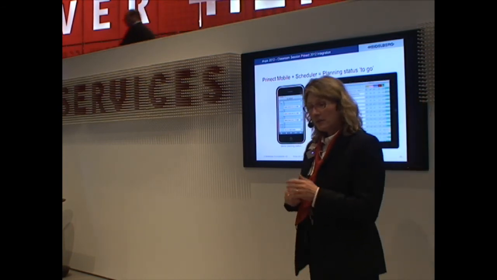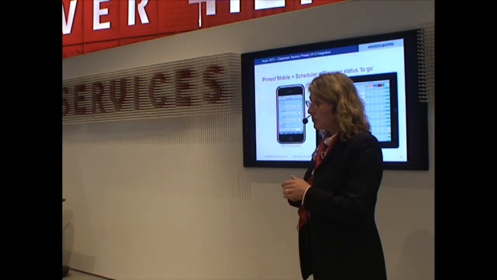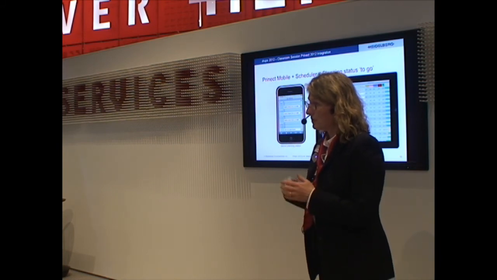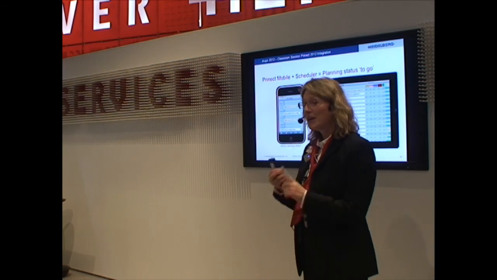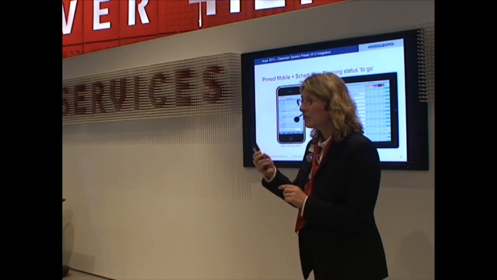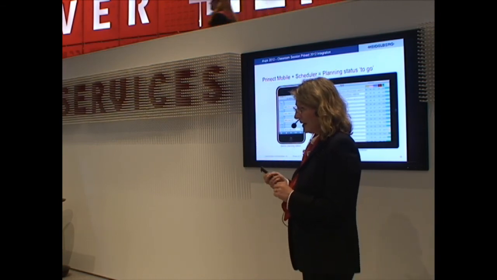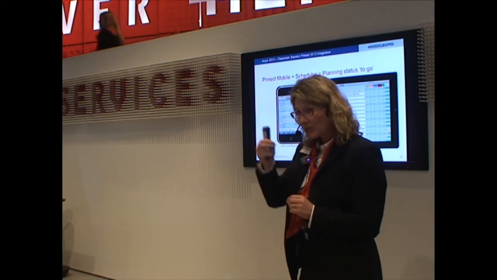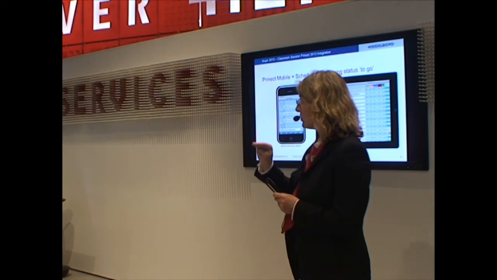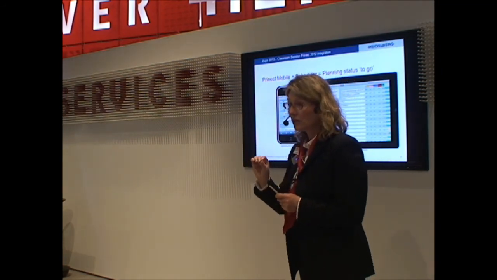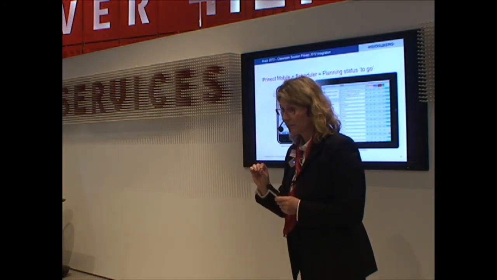I forgot one thing. What you can also do with a scheduler is give it to the paper planner. If the paper planner looks into the scheduler, he knows exactly when which paper has to be at which printing machine, and he can order the paper on time.